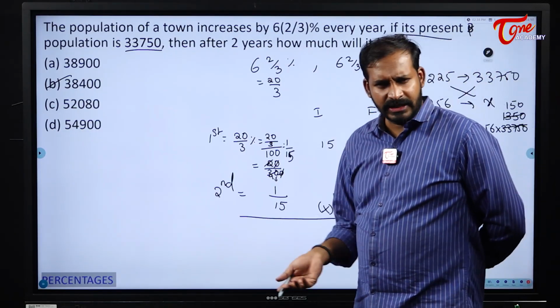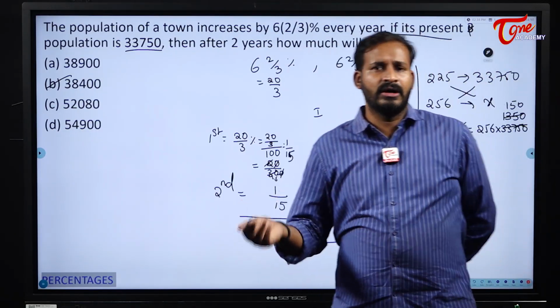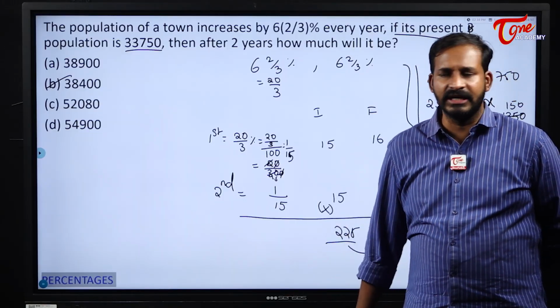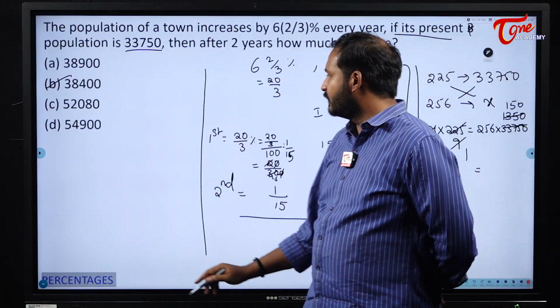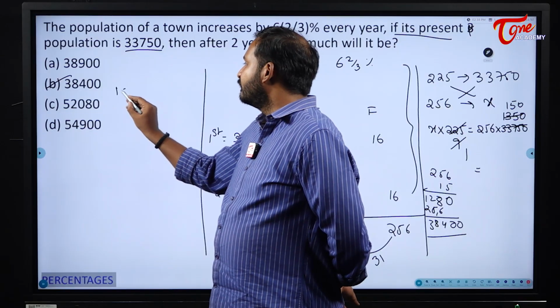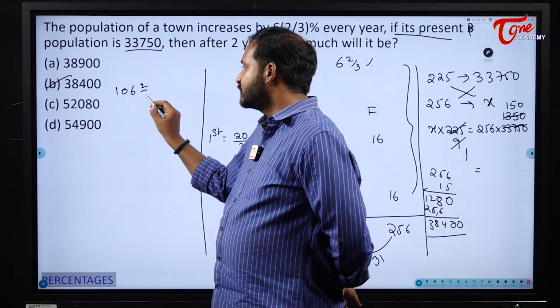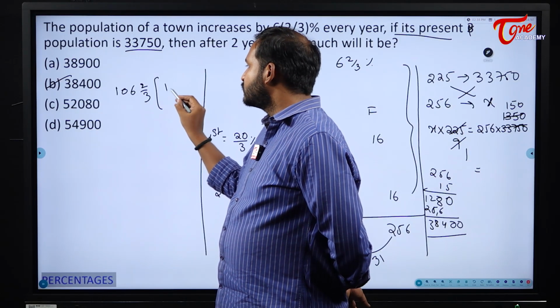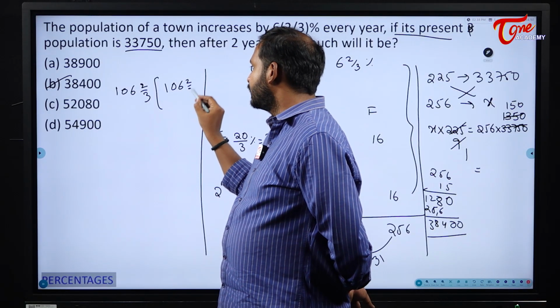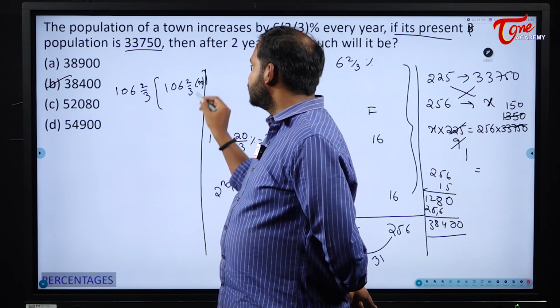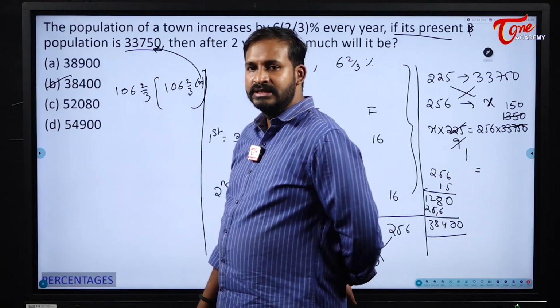Else if we go with our traditional method of keep on adding the things, definitely it will take a lot of time. Usually what people will do is, in the first year it will become 106 2 by 3 percent times. Next year also it will become 106 2 by 3 percent times of x. This x is given, that is 33750.